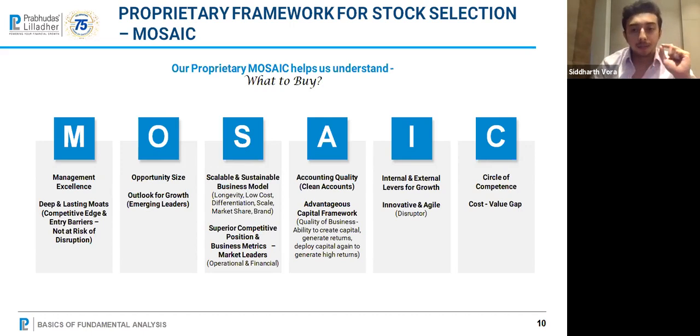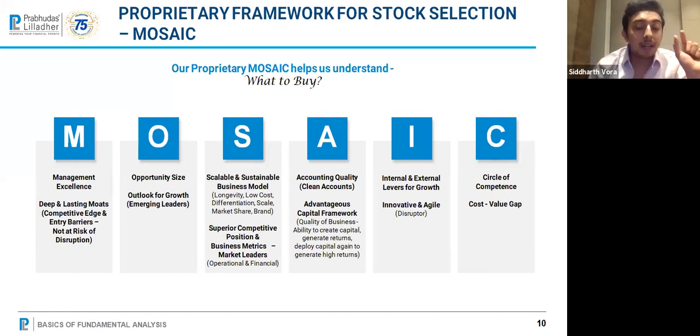Now, the next point is innovative and agile. So once you see कि over the last 5, 7, 8 years, is company keeping pace with changing times? Is it introducing new products? Is it introducing new services, new pricing policies, new technological solutions? ऐसा company क्या कर रहा है which is enabling it to stay relevant in the dynamic world of business and competition?